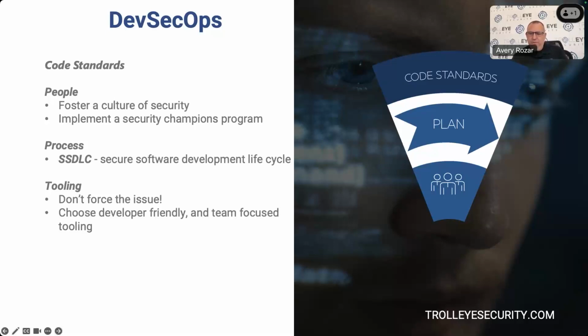Security teams shouldn't try to force new tools on the development teams. Once friction is in place between development and security, it slows down the rollout of the new tools and slows down the process. So they really should be developer friendly and team focused tools so everybody gets to play.